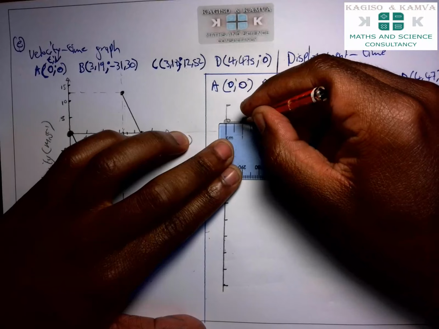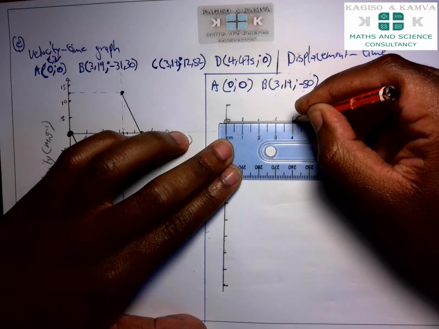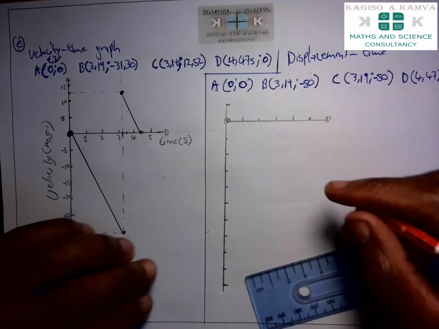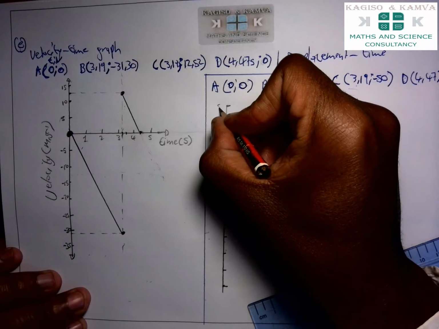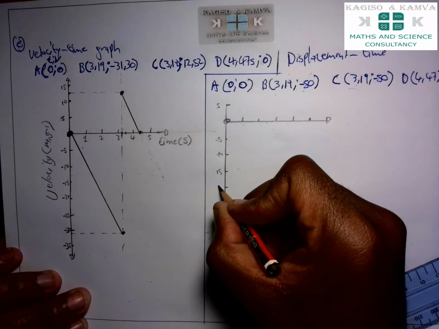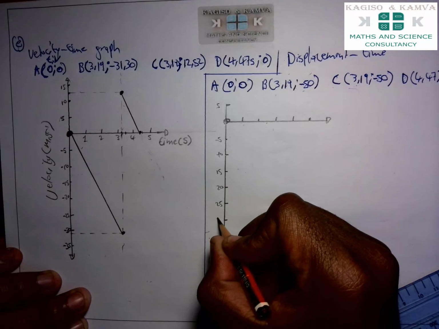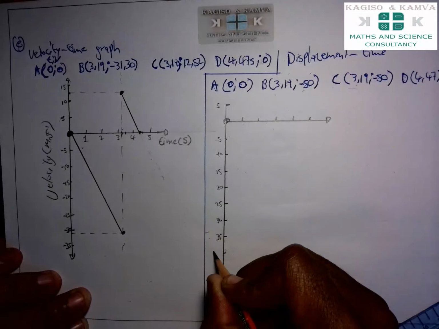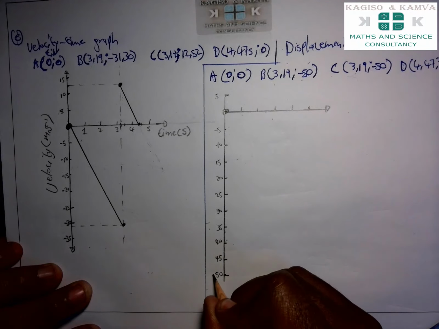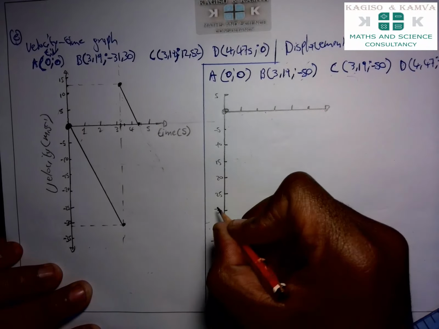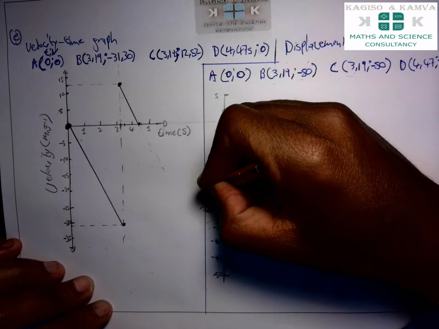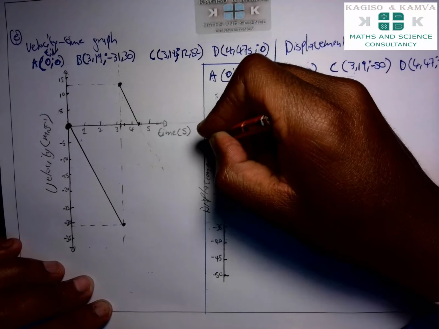The times are still going to be the same: 1, 2, 3, 4, 5. Okay, this is going to be what? 5, negative 5, negative 10, 15, 20, 25, 30, 35, 40, 45, 50, all negative, and we say this is displacement in what?